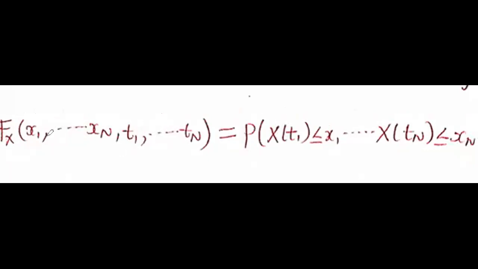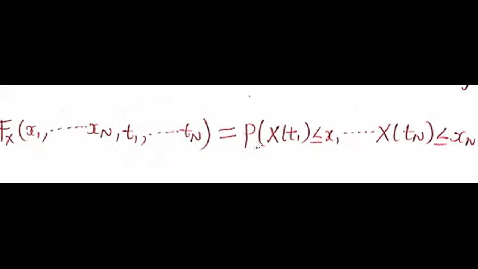Here the n random variables are represented like this: x1 to xn. For time consideration, we consider t1 for x1, t2 for x2, t3 for x3, and like that tn for xn, right?